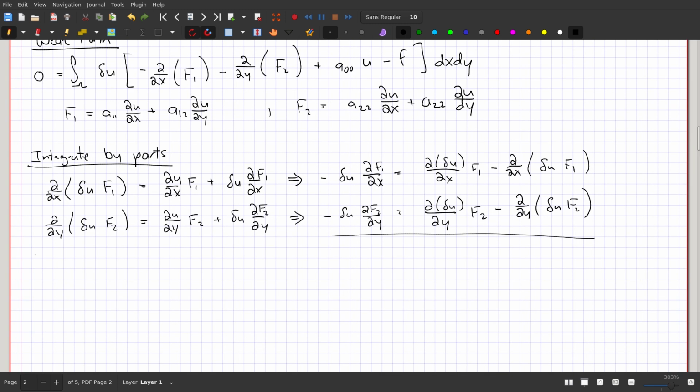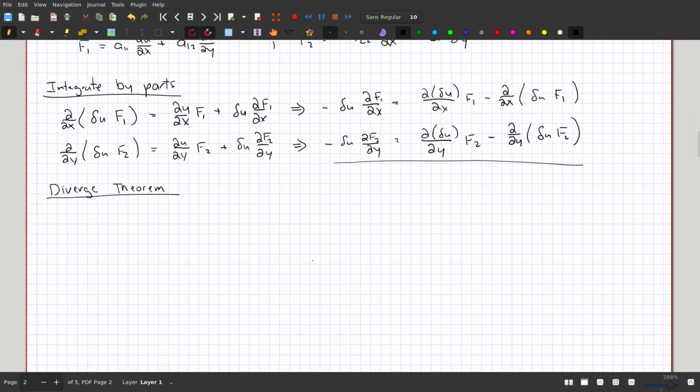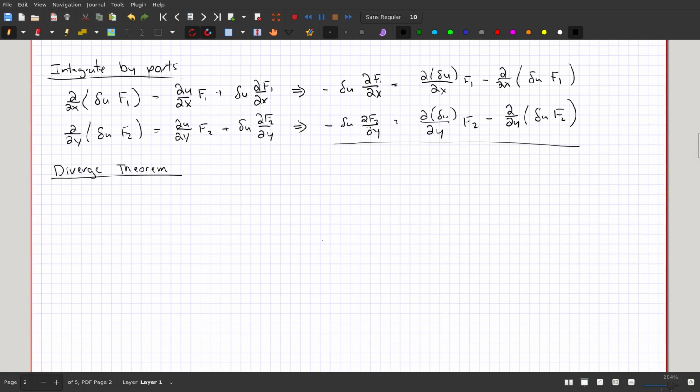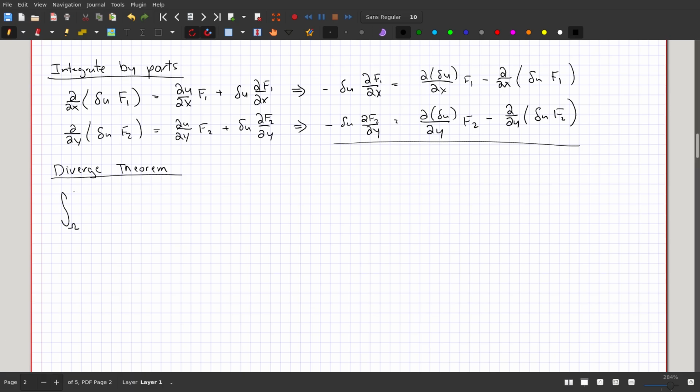We'll also use the divergence theorem. So we have a volume integral that looks like this over dx and dy.